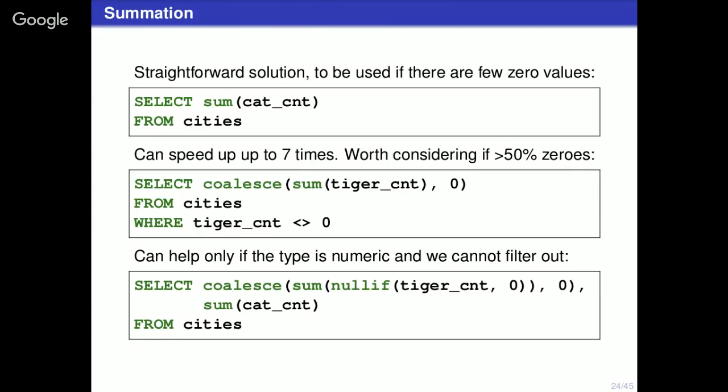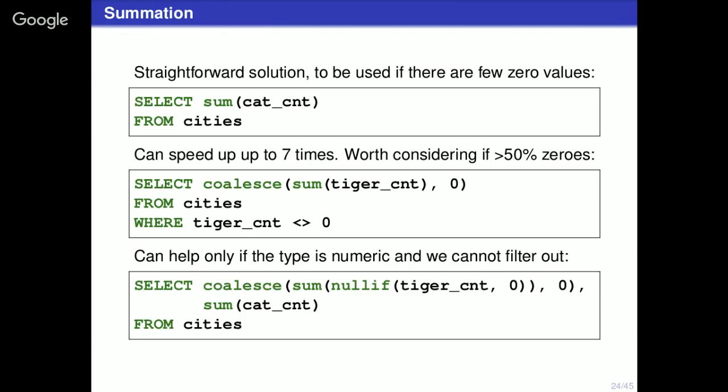This is how to deal with zero values. If you are going to calculate the total number of cats over all the cities that have cats, everyone likes cats. If you have few zeros, then you will use a straightforward solution. It's the best. But if you calculate number of tigers, most of them are zeros. So it's better to filter them out.